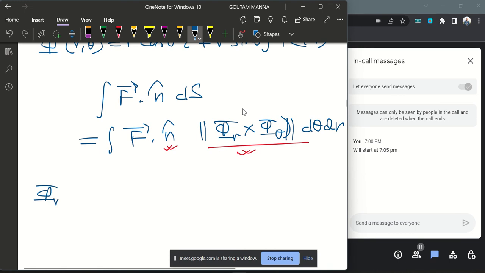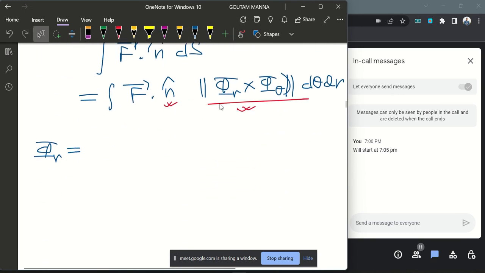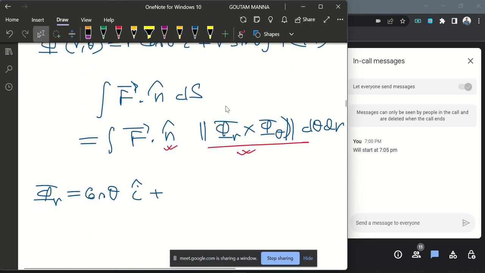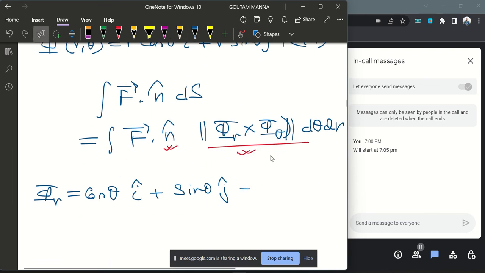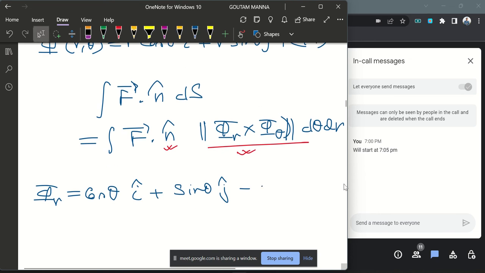So phi r is given by the partial derivative of this phi with respect to r, that is cos theta i hat plus sin theta j hat minus 2r k hat.